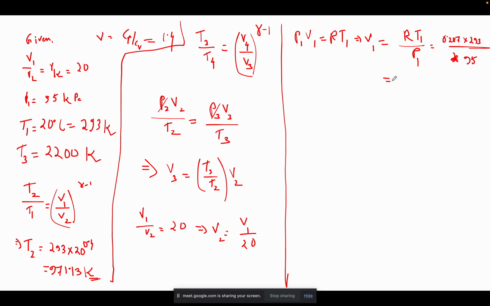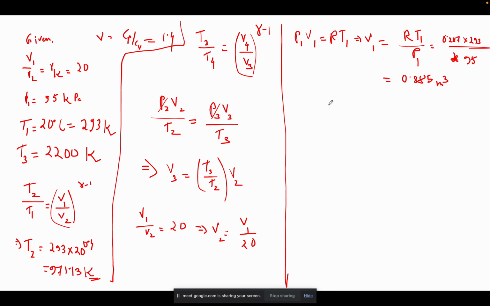From here you will get V1: 0.287 times 293 divided by 95. So V1 is 0.885 meter cube.